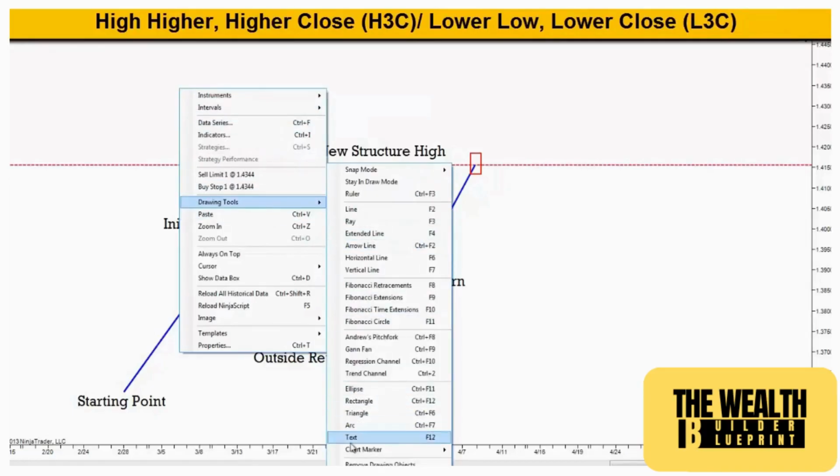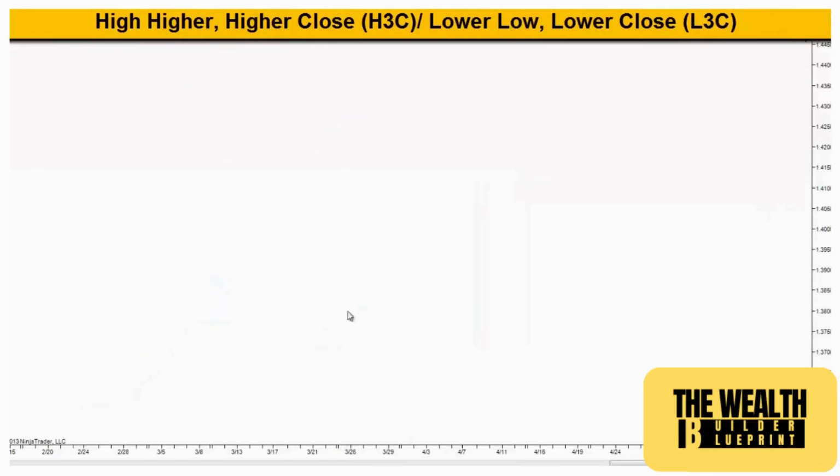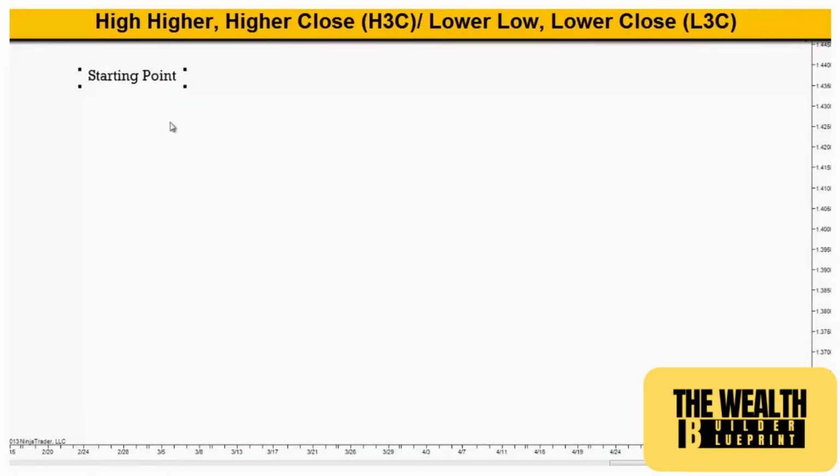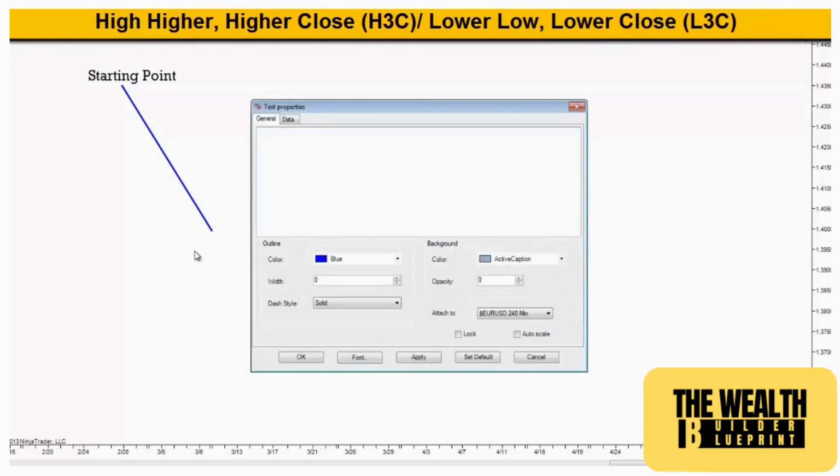If we look at a bearish trend, it's the same thing, just inverted. So we have our initial starting point. The market creates a move down, giving us our initial structure low this time.